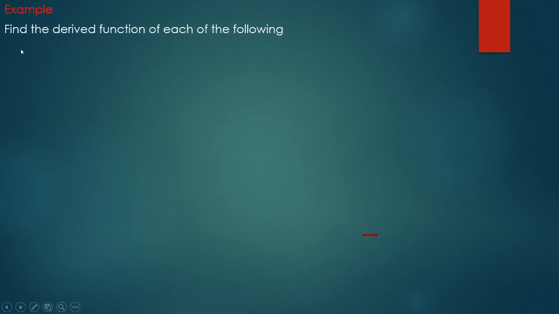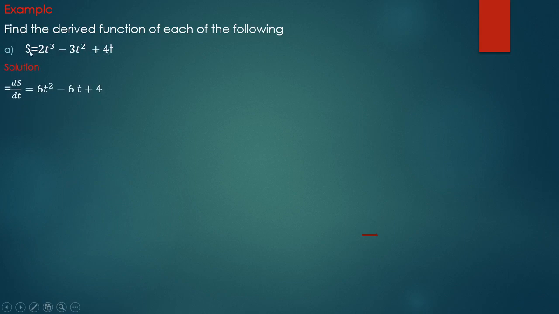Now, we want to do an example where we find the derived function of each of the following. If you are given s equals t cubed minus 3t squared plus 4t, the solution is ds. It's not always dy over dx.